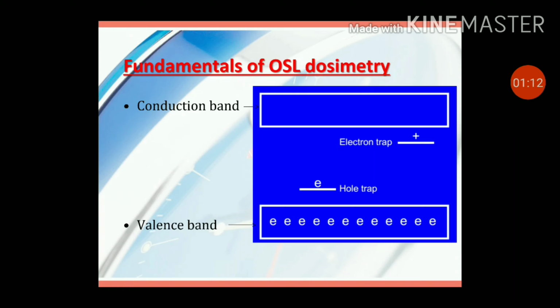As you can see, these are hole trap and electron trap. So recombination happens in these. The trapped concentration at the localized energy level gives a record of the radiation dose absorbed by the crystal material. This record can be read by stimulating the trapped charges back to the conduction band.